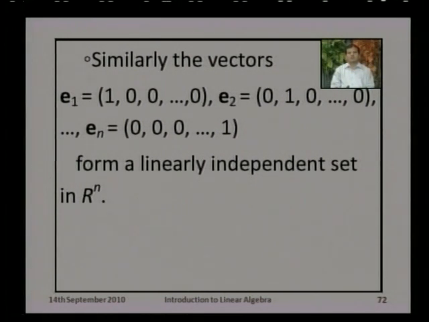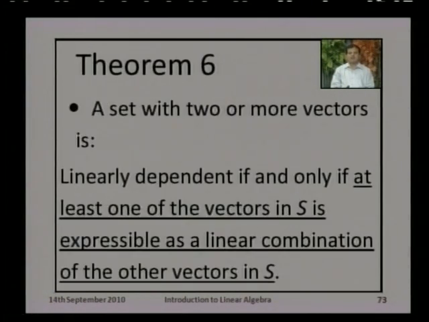So, you can see that this set is linearly independent. When you take a linear combination of these and equate it to the 0 vector, namely all n coordinates 0, it will give you n equations from which you can find that those n scalars must be 0. Therefore, this is linearly independent.